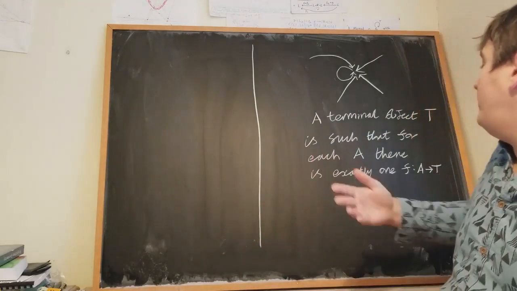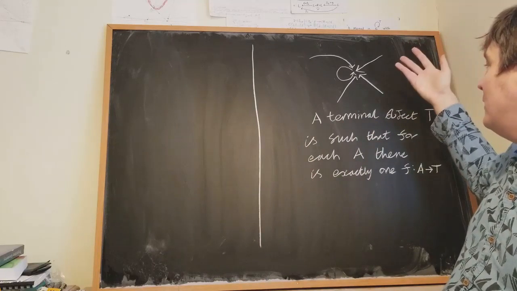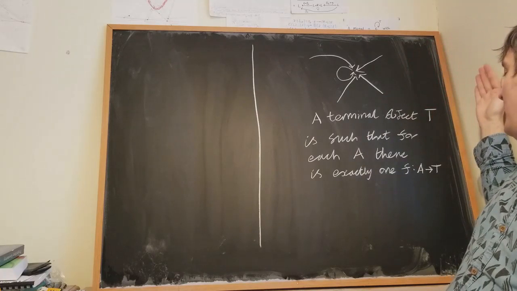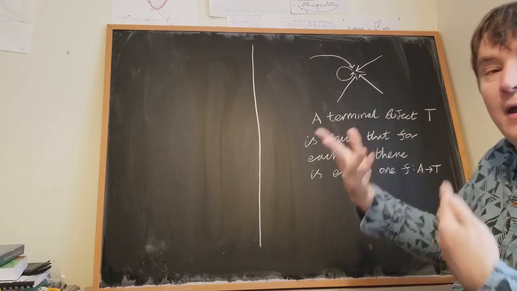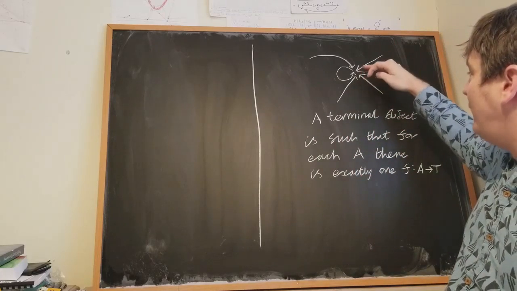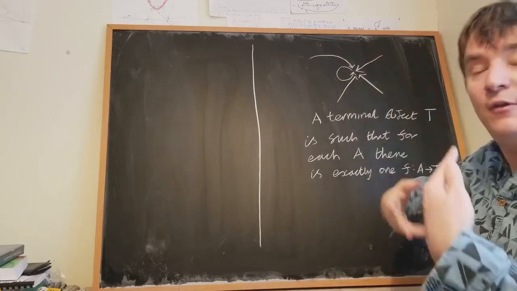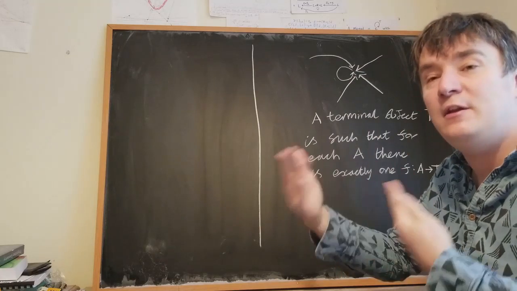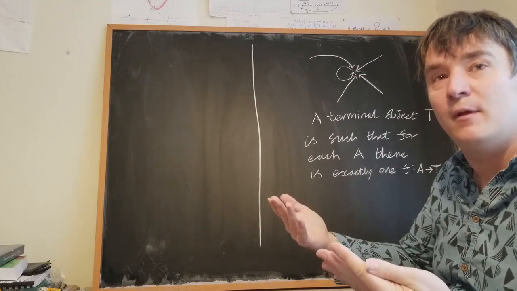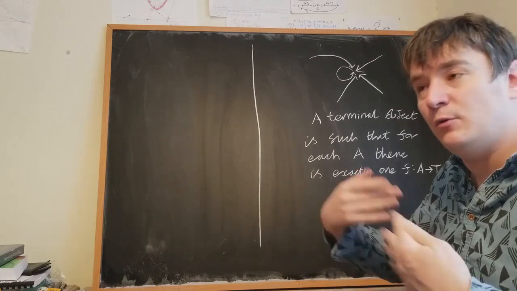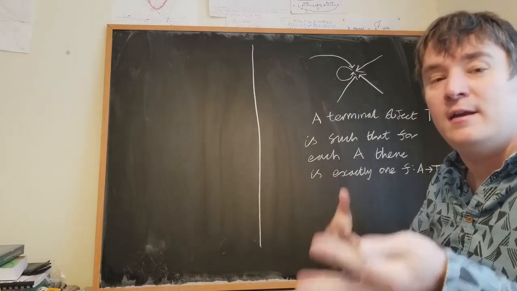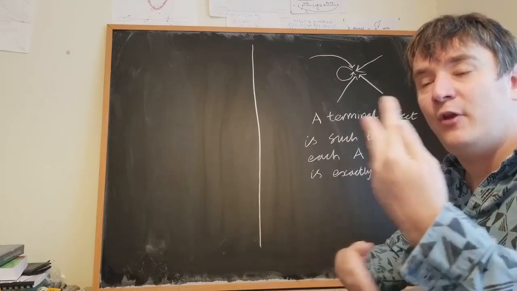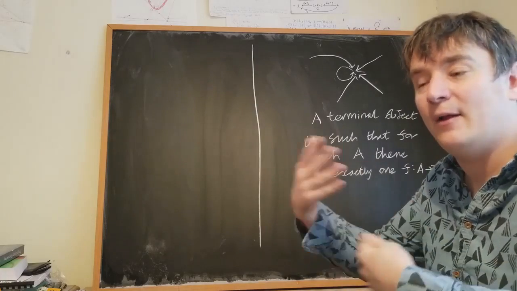So one of the simple things that we've talked about is this idea of a terminal object, for example. And remember that a terminal object is defined by this property that for any object, there's just going to be one arrow into the terminal object. So we can then say, well, what is the dual of this concept? And so the dual idea that we shall call an initial object, we can say an initial object is a terminal object in the opposite category.